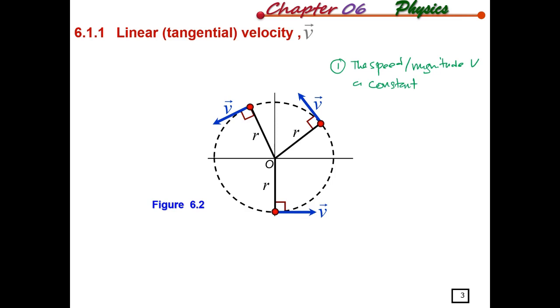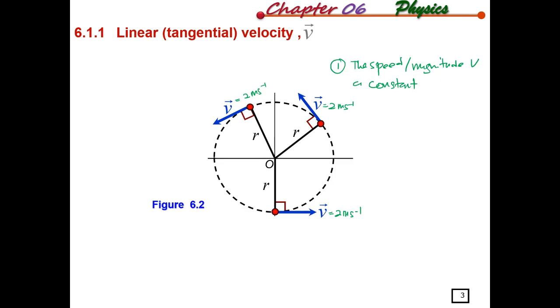For example, here v equals 2 meters per second. In this situation, the magnitude of v is also 2 meters per second, and here v also equals 2 meters per second in its magnitude, or speed. So it is at constant speed. That's why this situation is known as uniform circular motion. That's our first point that appears in this figure.